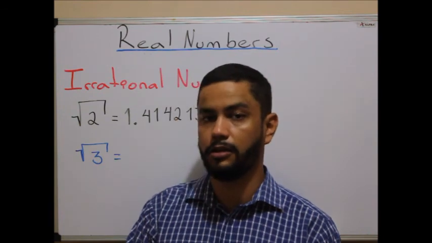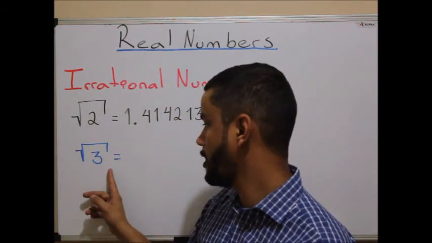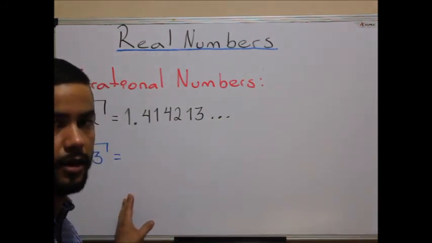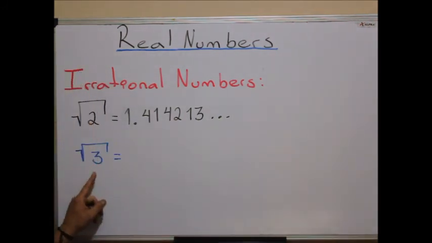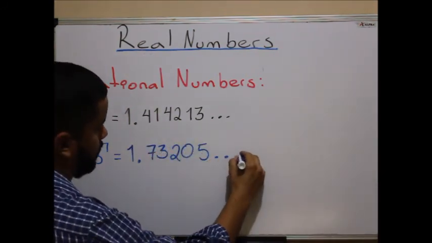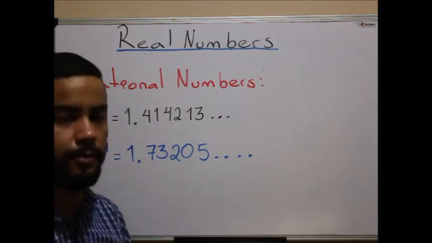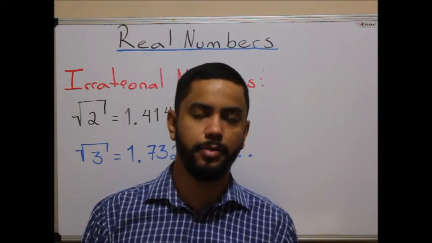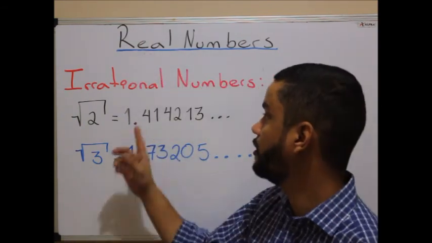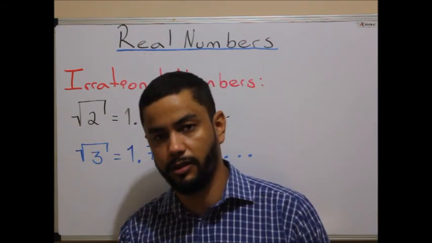No. So what will be the square root of 3? Let's find that using a calculator. The square root of 3 will be equal to 1.7325, and we can continue writing numbers. When you can continue writing numbers, that number is an irrational number.